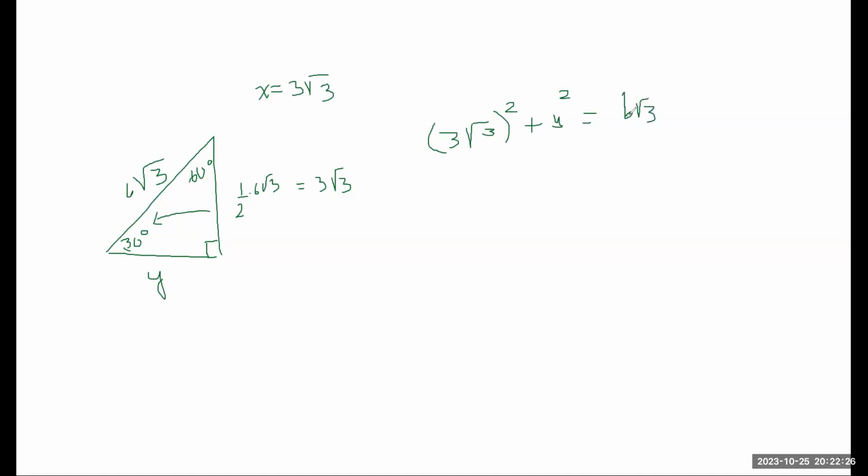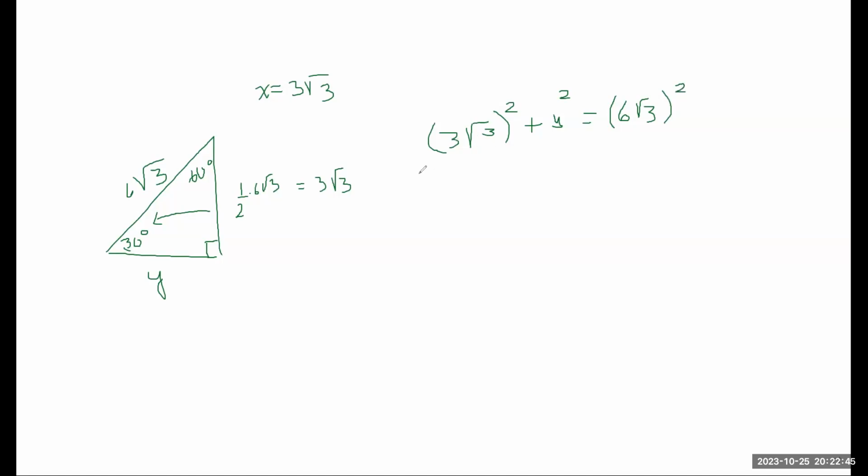I would probably go ahead and sing the rest of my song. But if you're just a real lover of the Pythagorean theorem, from here, you could just go ahead and use the Pythagorean theorem.